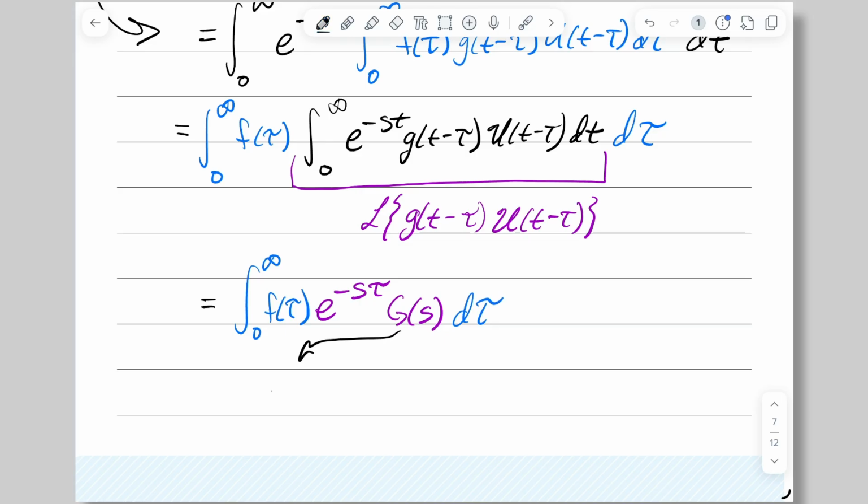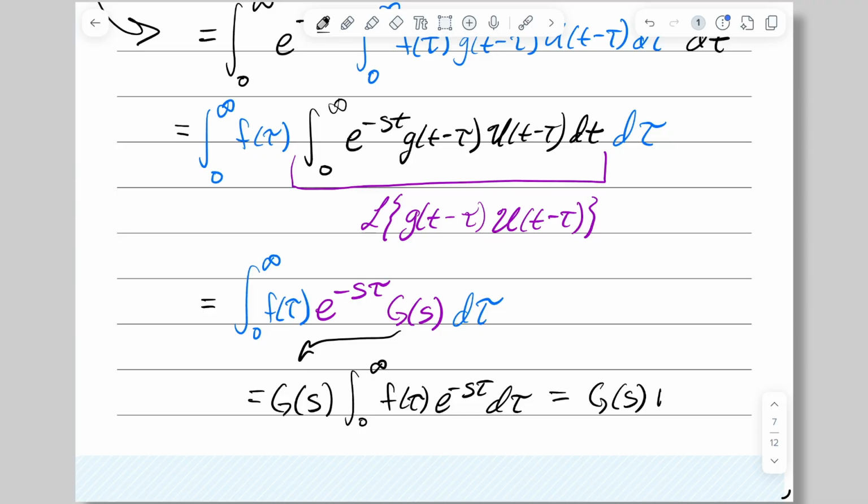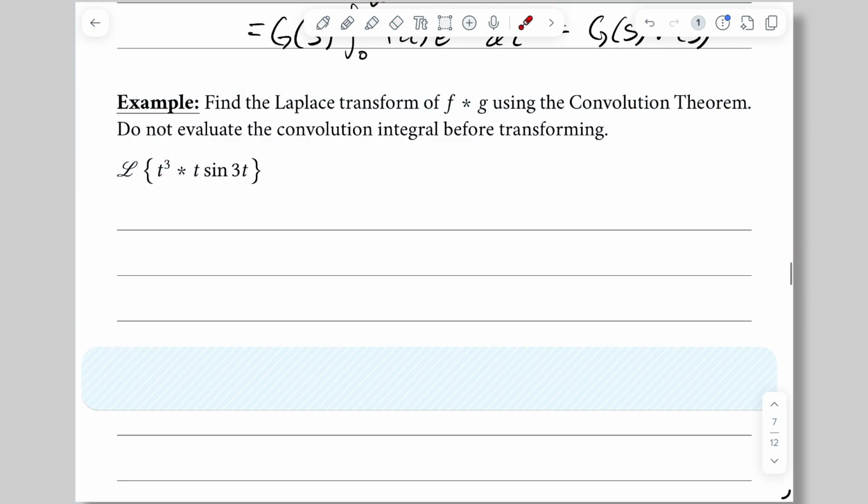The G of s can come out because that's constant with respect to tau. What's left is the integral from 0 to infinity of f of tau times e to the negative s tau d tau, which has the exact form of the transform of f. And so the result is G of s times F of s, as promised.